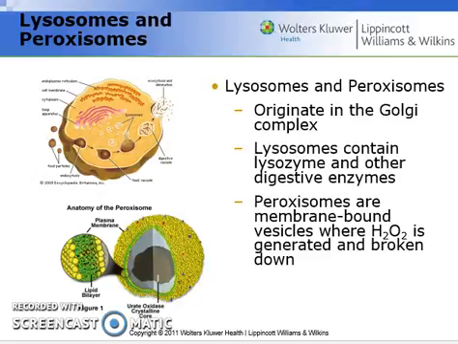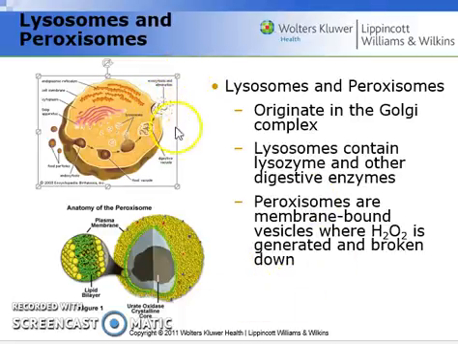Once it comes into contact with a peroxisome, it will fuse with the peroxisome, and then the peroxisome will release hydrogen peroxide onto that specific invasive entity or agent and start to break it apart.